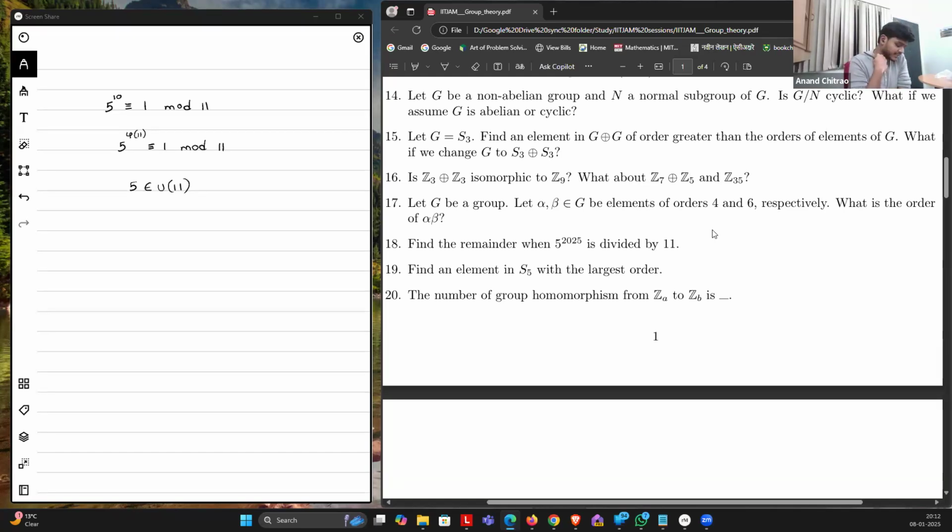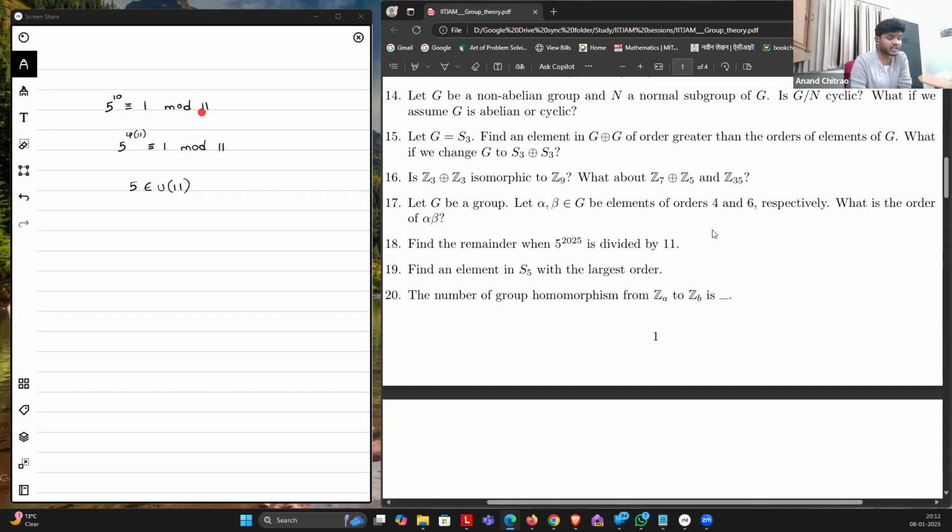What's the cardinality of U11? It's the Euler phi function applied to 11. So this fact is just a repackaging of Lagrange's theorem. Now, what is phi 11?